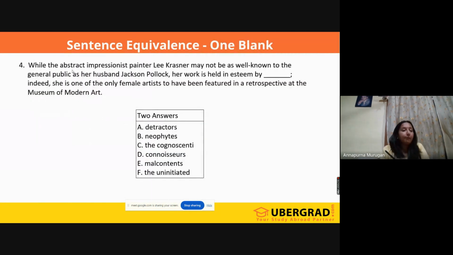So the next thing that we have here is the next sentence again, guys. Now I don't want you to pick the synonyms. I want you to tell me what is the shadow answer that you want to give for this 4th question.